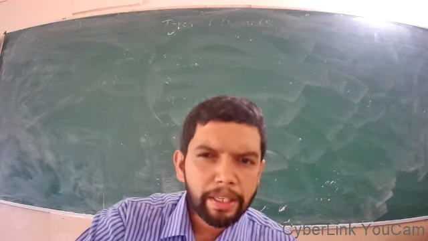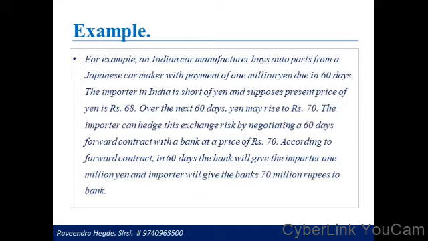You just look at the screen. For example, an Indian car manufacturer buys auto parts from a Japanese car maker with payment of 1 million yen due in 60 days, that is, in 2 months.